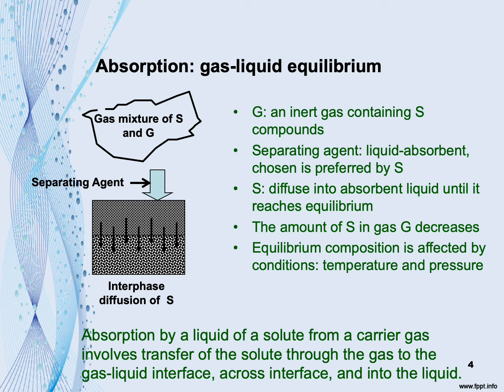In this case, it is a liquid absorbent, where the absorbent is much preferred by S. So if we add the absorbent to the gas mixture, and we have a very good mixture, S will diffuse into the absorbent liquid until it reaches equilibrium.